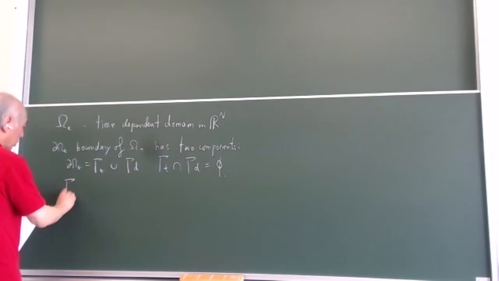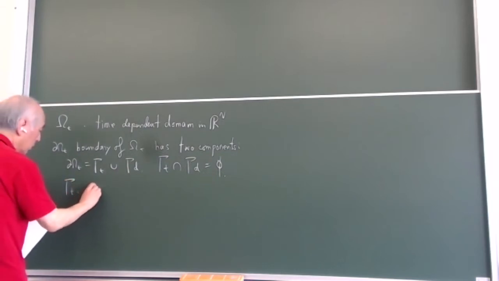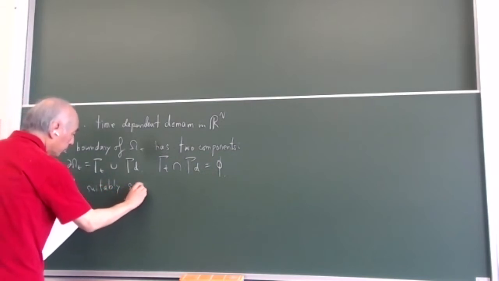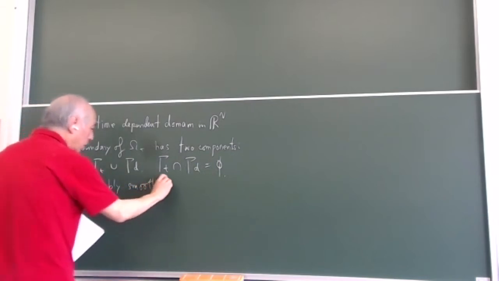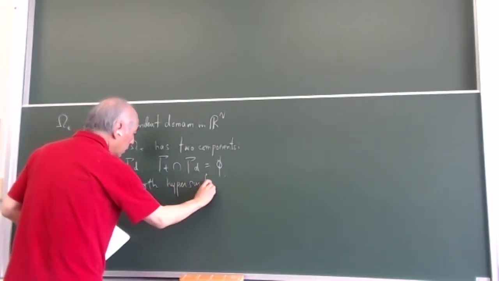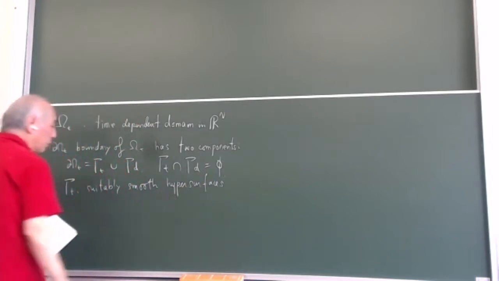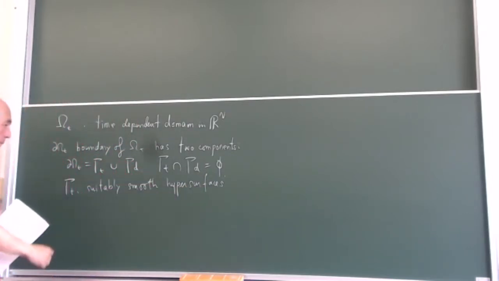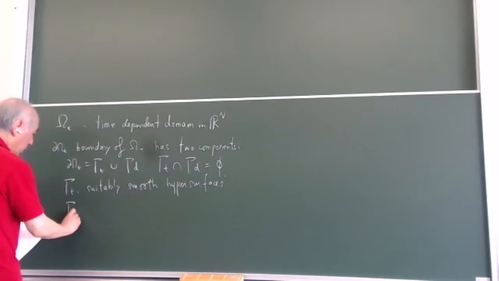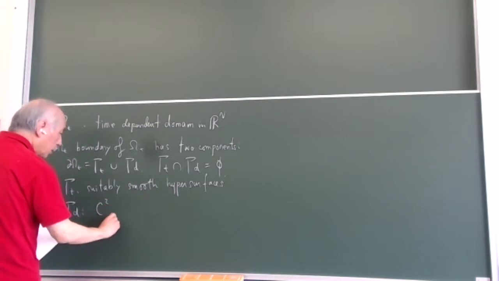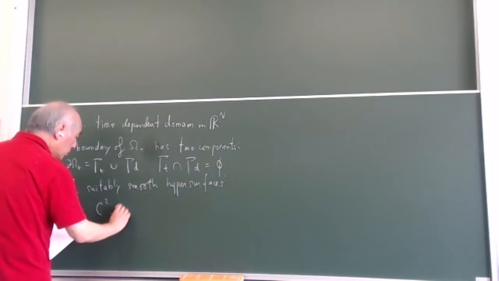Moreover, Gamma_t is a suitably smooth hypersurface. Hypersurface means an (N-1)-dimensional manifold. And Gamma_D is a smooth C^2 hypersurface.